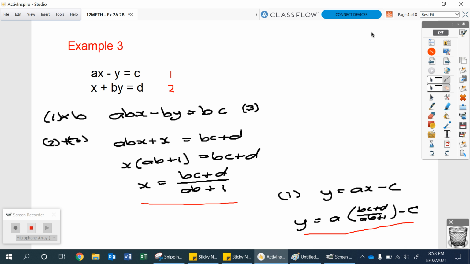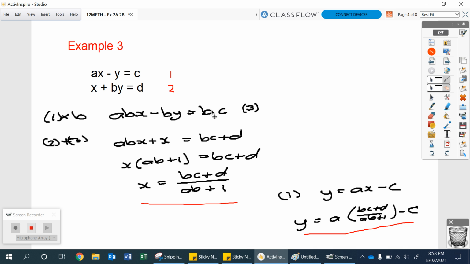Okay, a different format of the simultaneous equations. Once again here, I've numbered them 1 and 2. I need to get something the same, so I could multiply this equation by a and get an ax. That would work. Or I can multiply this equation by b, which is what I've chosen to do, equation 1 times b. And I get abx minus by equals bc.